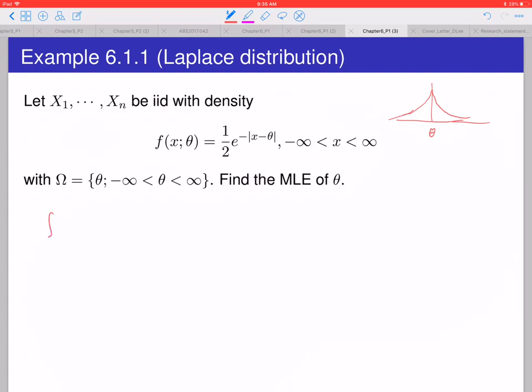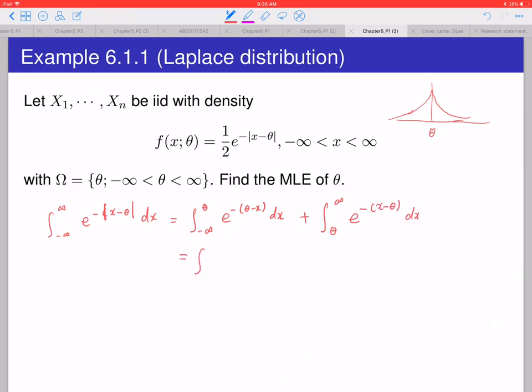You can actually check the integral from minus infinity to infinity of e to the minus absolute value of x minus zeta dx is the integral from minus infinity to zeta of e to the minus (zeta minus x), plus the integral from zeta to infinity of e to the minus (x minus zeta) dx.